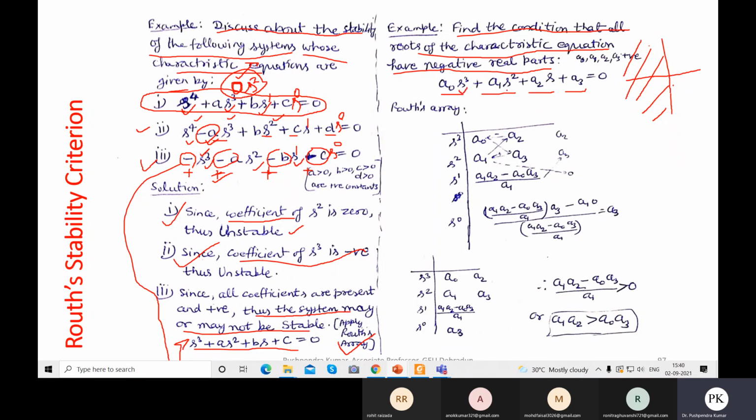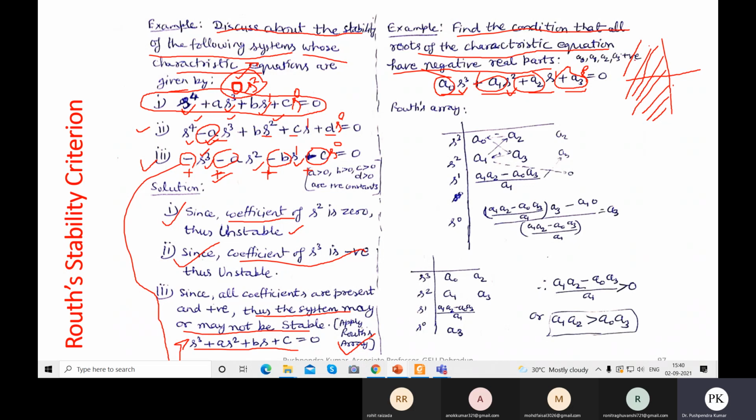We have s^3, s^2, s^1, and s^0, so all powers are present. Second, we check the positivity of the constants. All are positive, so no problem until here. So the system may or may not be stable. Stable means the roots are on the left side of the imaginary axis.